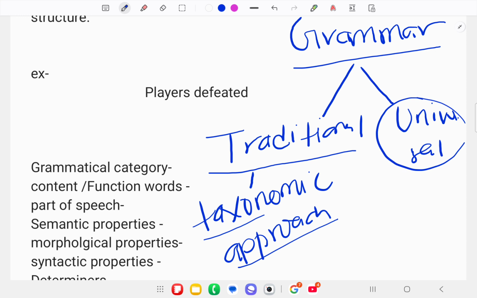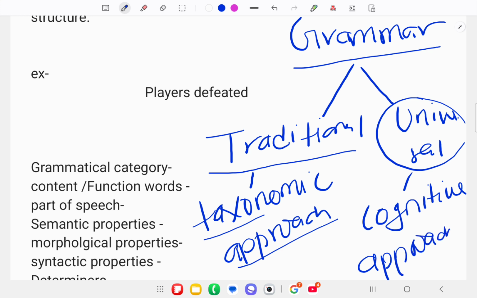But universal grammar deals with cognitive approaches. When I talk about Professor Noam Chomsky, who is known to be the father of modern linguistics, here I have shown an example.